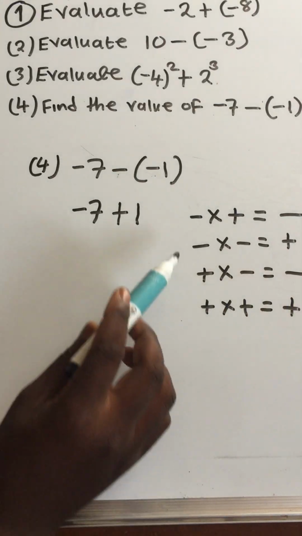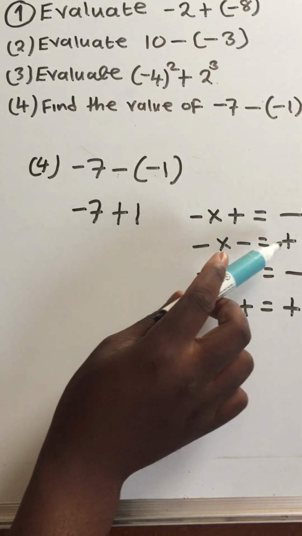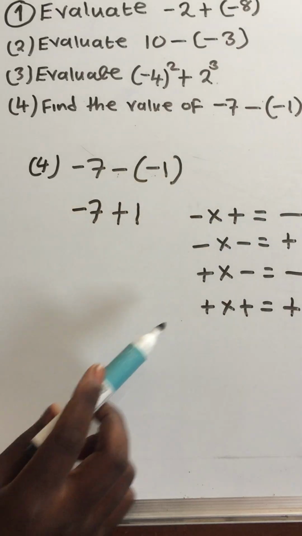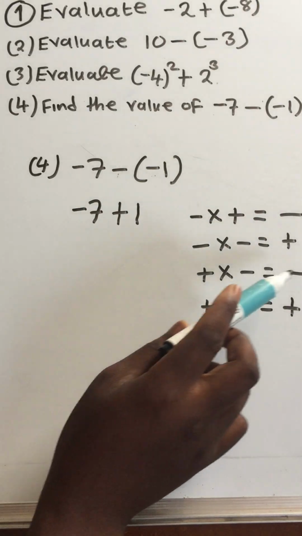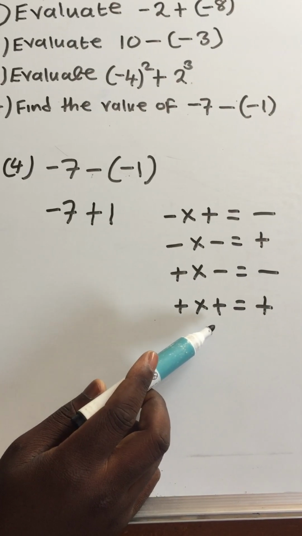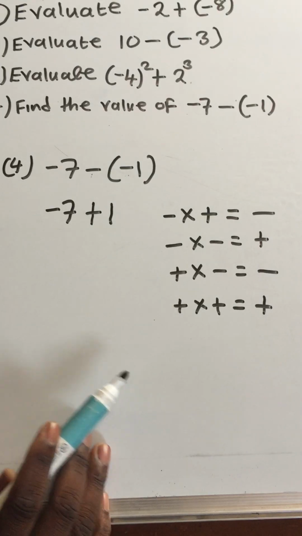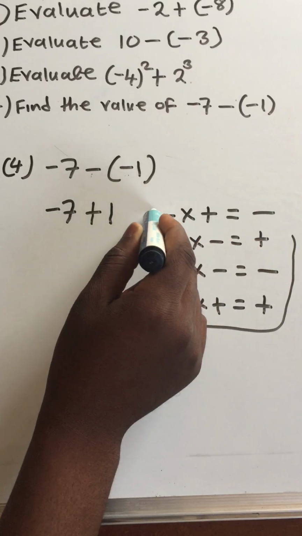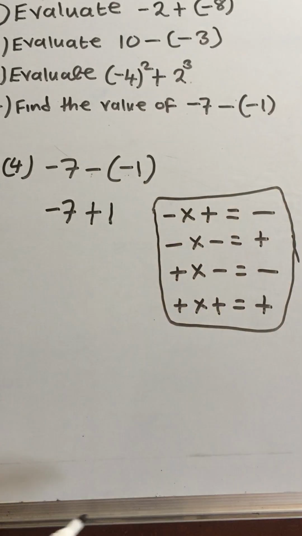So just know that negative times negative, you get a positive. Negative times positive, you get a negative. Positive times negative, you get a negative. Positive times positive, you get positive. This is what you have to know as you are answering this question, which is evaluate.